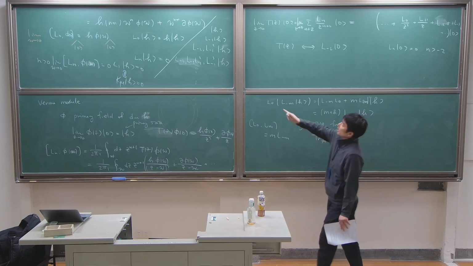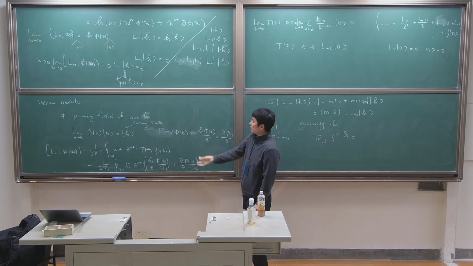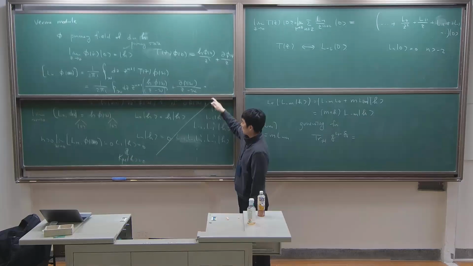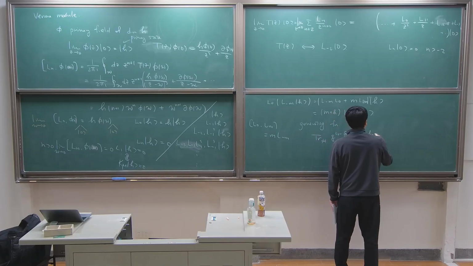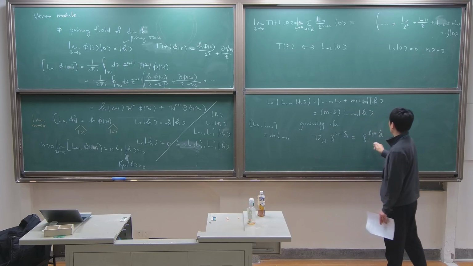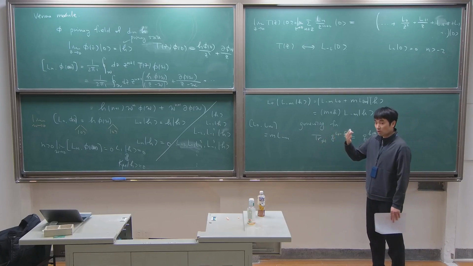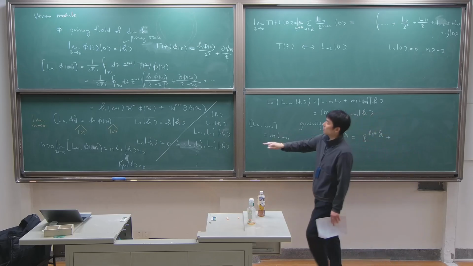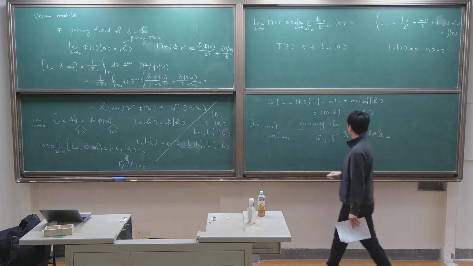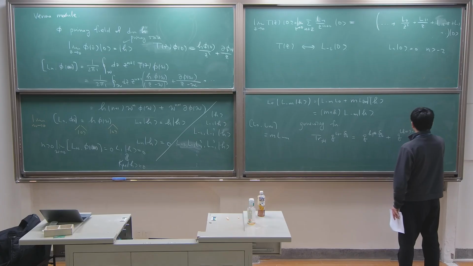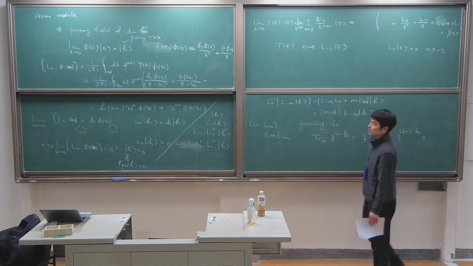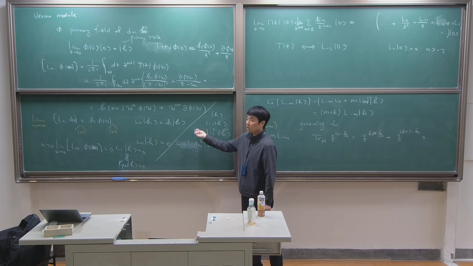Okay. For instance, in this case, the top, the first part acts as q to the h plus c over 24, minus c over 24. Okay. And trace means the trace over all Hilbert space. So therefore, there is a level 1 descendant, so q to the h plus 1 minus c over 24. And next is level 2 descendants: L minus 1 squared, L minus 2.